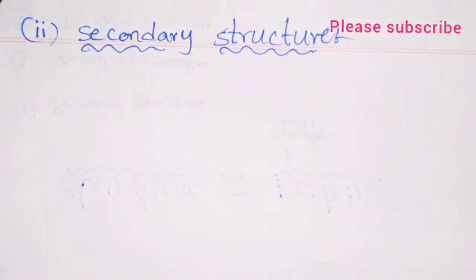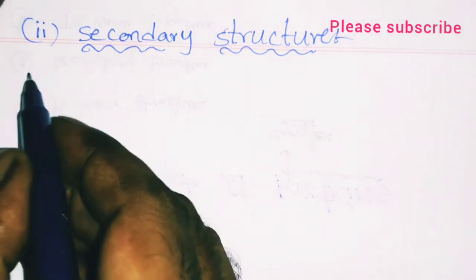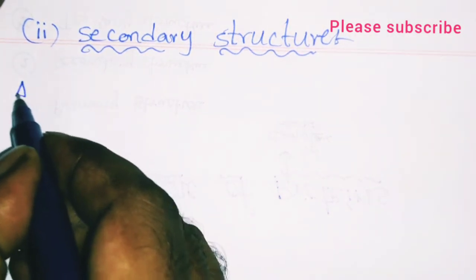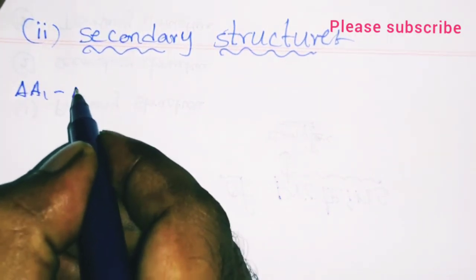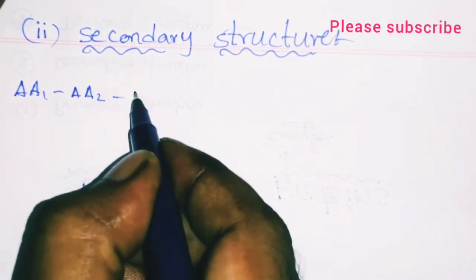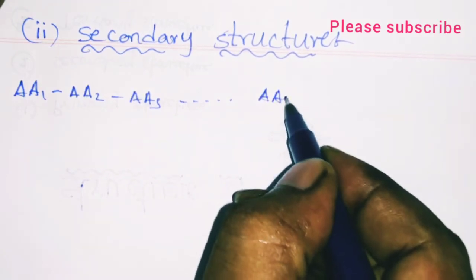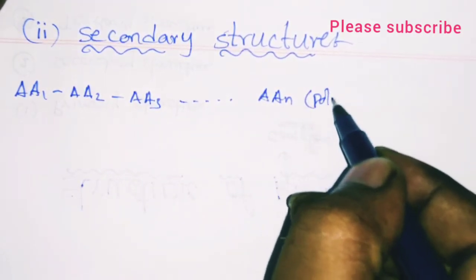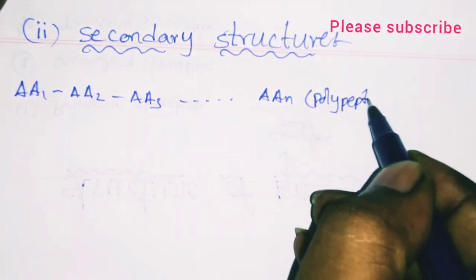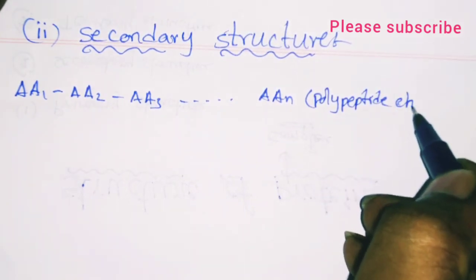But in secondary structure, we will discuss the shape in which the long polypeptide chain can exist. Suppose I write one polypeptide chain: A1, A2, A3 and so on up to AN. It is one polypeptide chain.